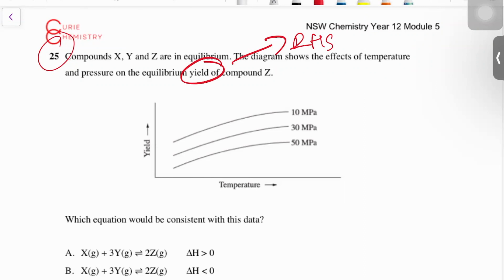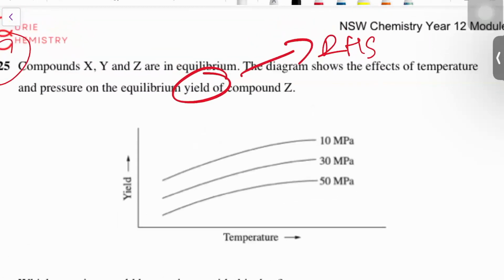Be careful when you're reading the graph because pressure changes are your separate lines, and temperature changes, you're looking at it on each line. So first things first, notice that when you increase the pressure, 10 is up here, 30 is here, 50 is down here.